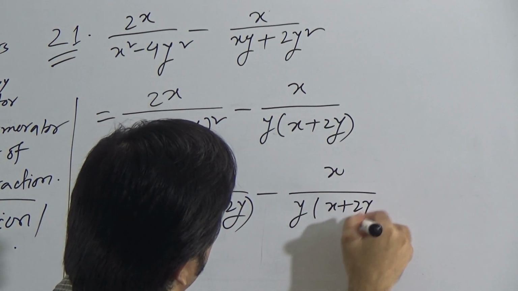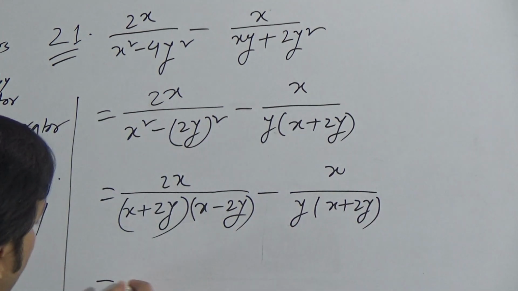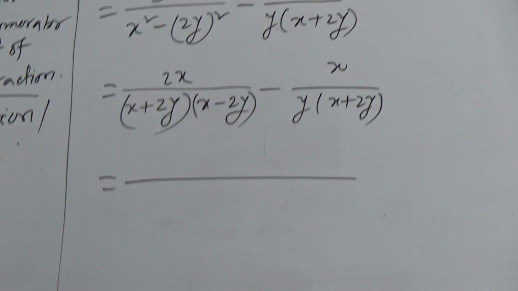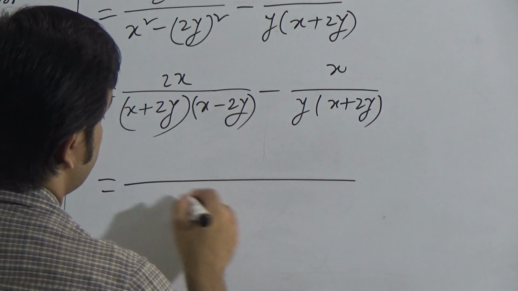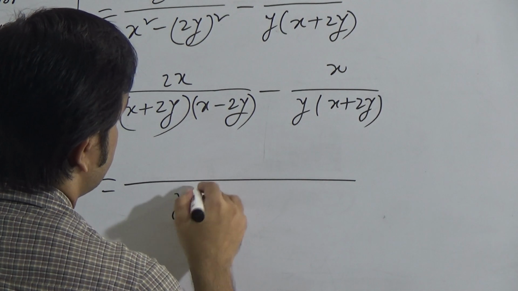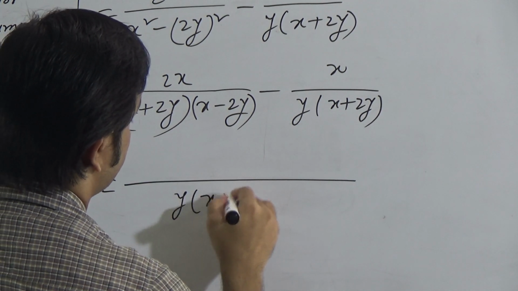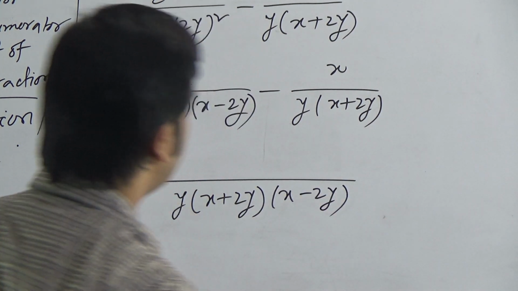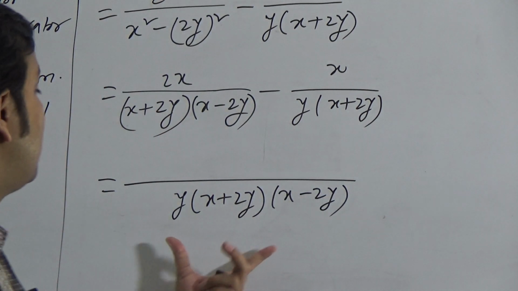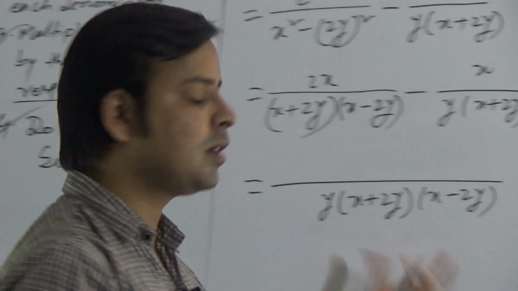We can do more work here. So we have to take the LCM of the denominators now, this one and this one. To do the LCM, y is uncommon, but x plus 2y is common and x minus 2y is uncommon. We have to take all the factors, common or uncommon.